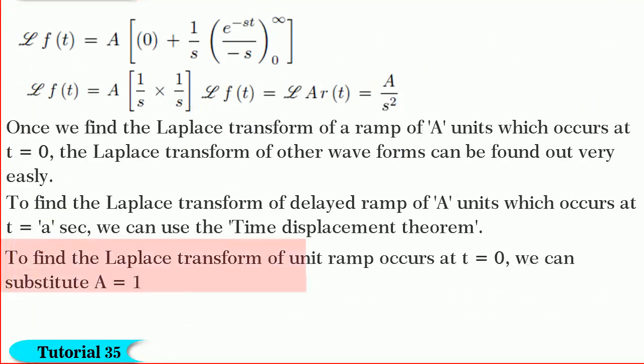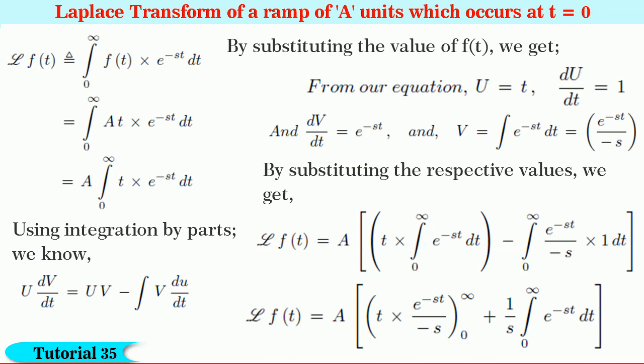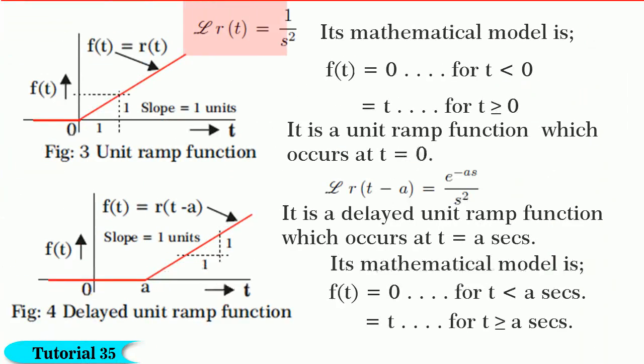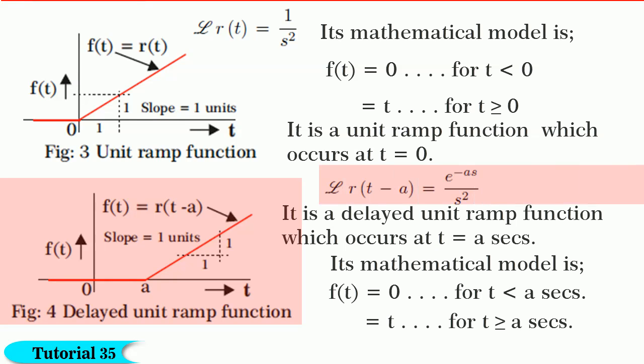Similarly, to find the Laplace transform of a unit ramp which occurs at t is equal to 0, the same derivation which we did earlier can be used, and by substituting a is equal to 1, we get L of r of t is equal to 1 divided by s square, and the Laplace transform of a delayed unit ramp will be L of r of t minus a is equal to e to the power of minus as by s square.